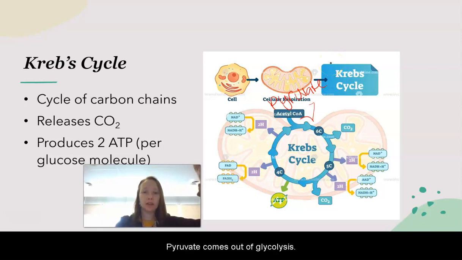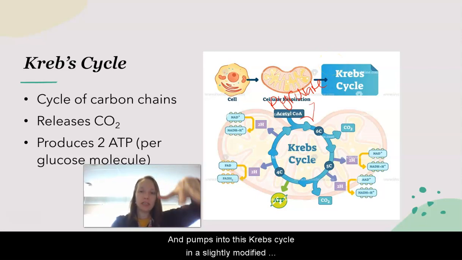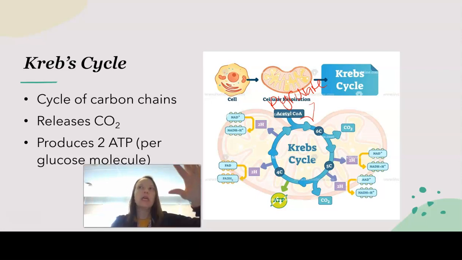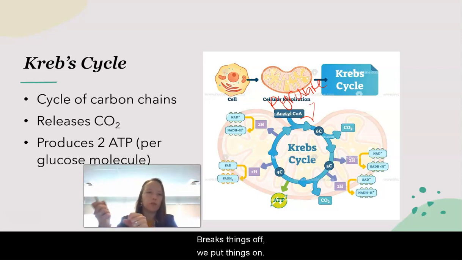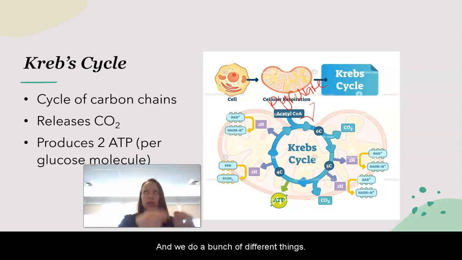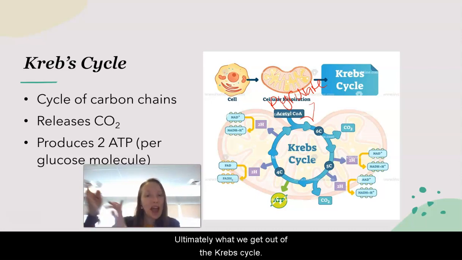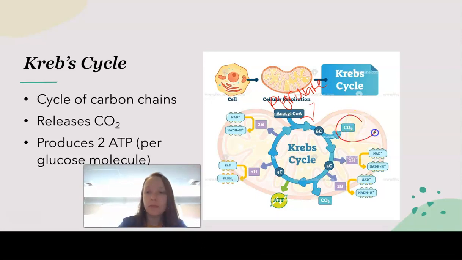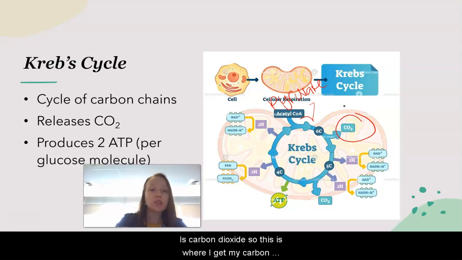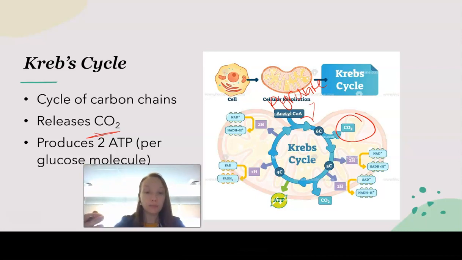So pyruvate comes out of glycolysis and pumps into this Krebs cycle in a slightly modified form. That's acetyl-CoA. And then it cycles through. We break things off, we put things on, we break things off, we put things on, and we do a bunch of different things with those molecules. But ultimately, what we get out of the Krebs cycle is carbon dioxide. So this is where I get my carbon dioxide, my product comes out of the Krebs cycle.